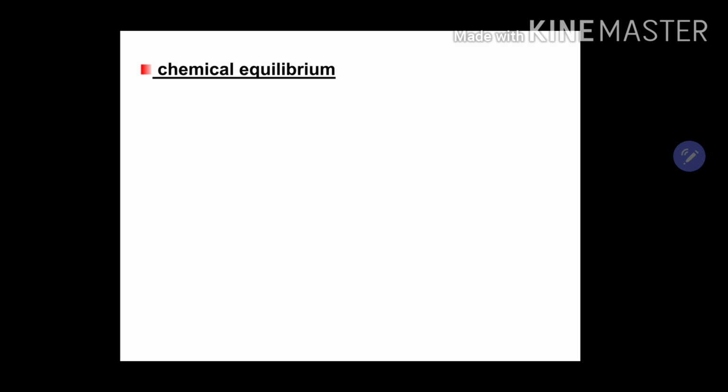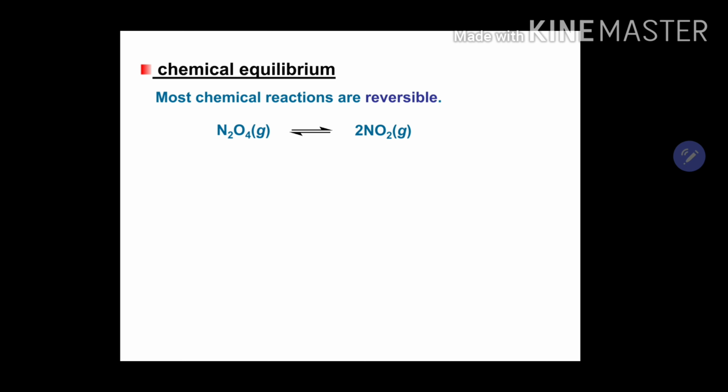Next is chemical equilibrium. We learned that most chemical reactions are reversible. For example, dinitrogen tetroxide, N2O4, is a colorless gas, while nitrogen dioxide is brown. At equilibrium, we know that the rate of forward is equal to the rate of reverse. This can be seen when the gas changes from colorless to brown.